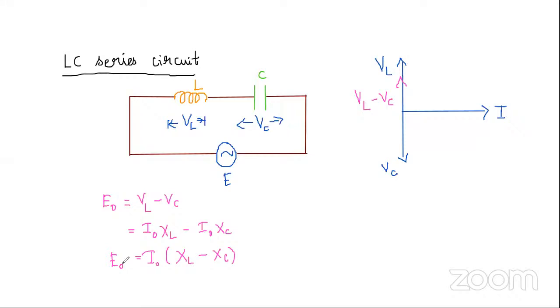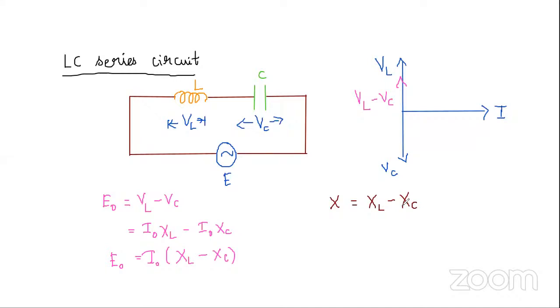Here we need to find out the net reactance. So the net reactance can be represented by this equation, that is XL minus XC. Net reactance means here you have both inductor coil and capacitance.